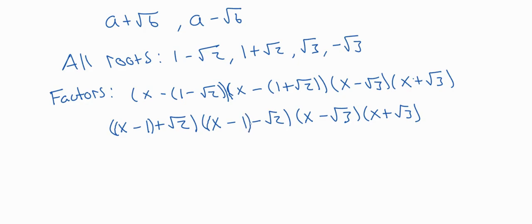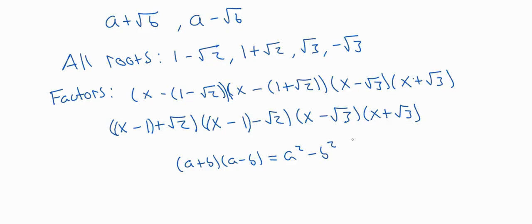Because what I'm trying to do is utilize this property that states that when we have a plus b times a minus b, then we get a squared minus b squared.